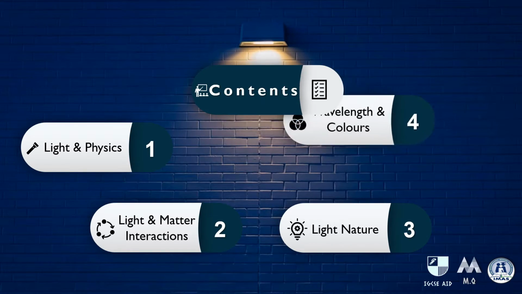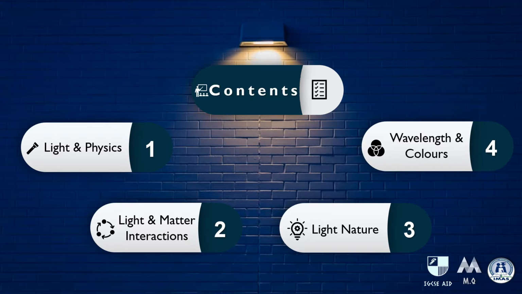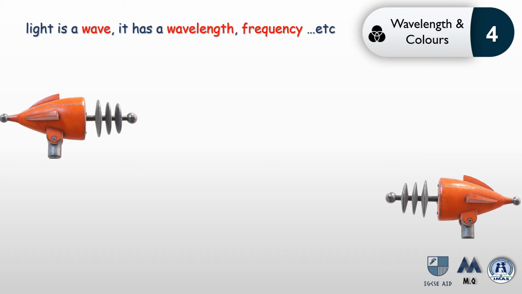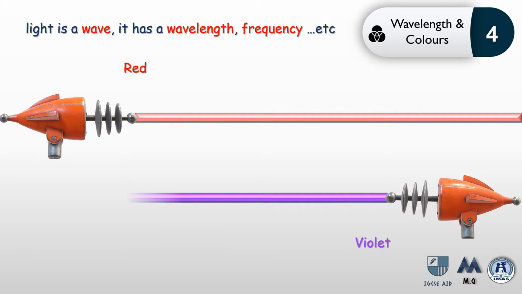Now going to the second section, which is the relation between the light wavelength and colors. Since light is a wave, every wave has a wavelength, frequency, and so on, all the wave properties. Let's take two lasers. One emits red light, the other one emits violet light.